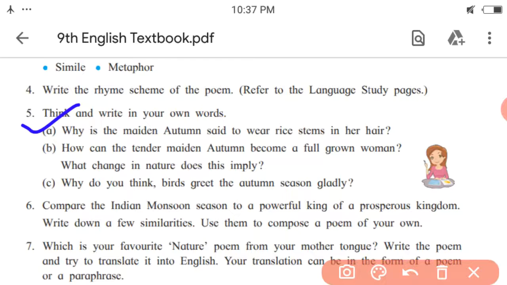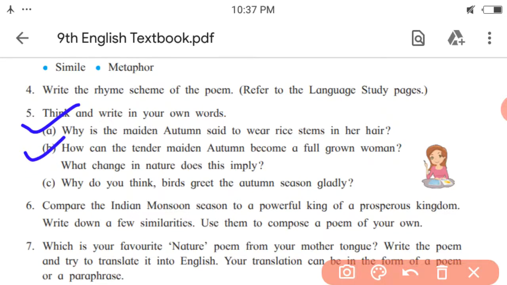Through the poem you came to know that autumn is the season in which the harvesting of rice is observed. So, accordingly, you need to write the answer.